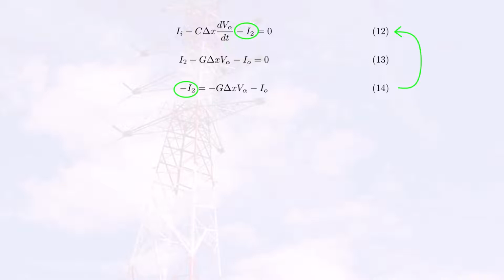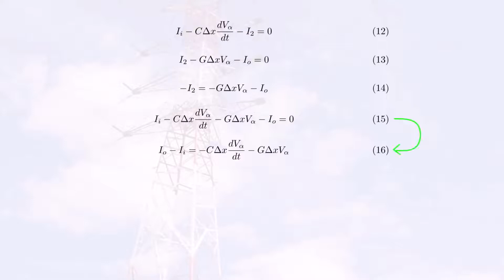So the result of this is equation 15, and now we can proceed to solve in the next step to equation 16, in which I've just separated the currents from all those terms that include a voltage, and I'm just making this a subtraction of IO minus II, and on the right hand side of equation 16 I have the voltage and the derivative of the voltage.